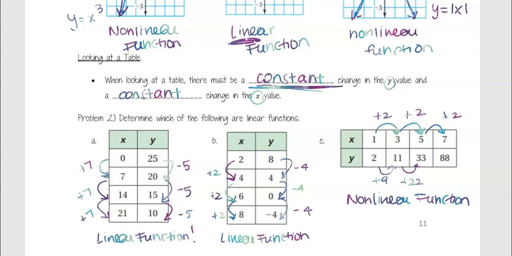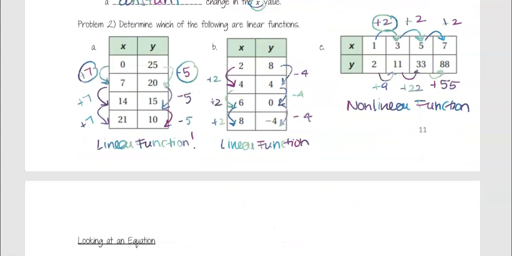There must be a constant change. 7 is our constant change with the x's, minus 5 is our constant change with the y's. Constant change of our x's is 2. There isn't a constant change here. Look, from 33 to 55 to 88, it's 55. So when we look at a table, we're looking at a constant change. You have to check both the y's and the x's.